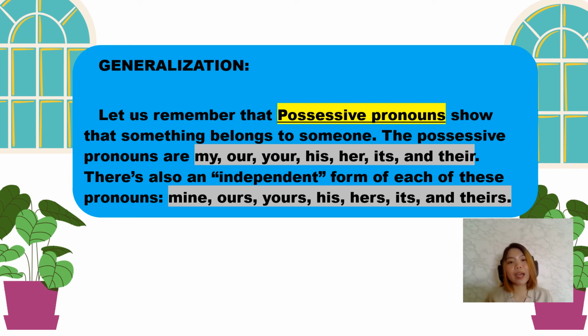There's also an independent form of each of these pronouns. For my, we have mine, our is ours, your is yours, his, hers, its, and theirs. So don't forget that, children. You may use that in sentences.